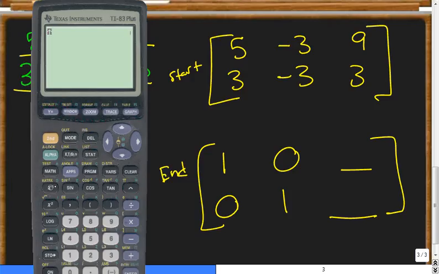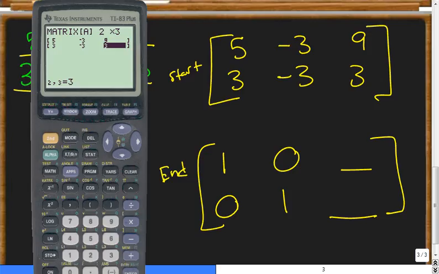I'm going to go to second matrix and edit. This is row by column, so I have 2 rows and 3 columns. I'm just going to type in my numbers like I had: 5, negative 3, 9, and this is 3, negative 3, 3. This is a great tool for when you have simultaneous equations.